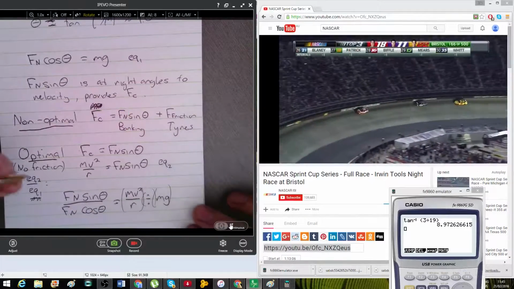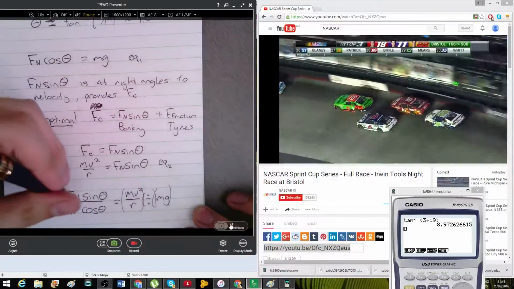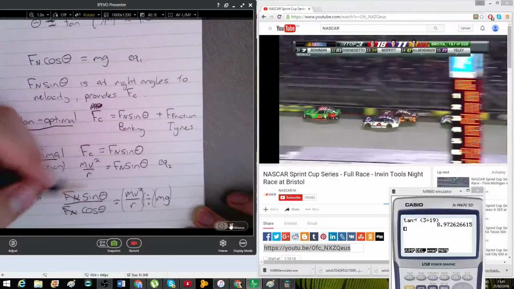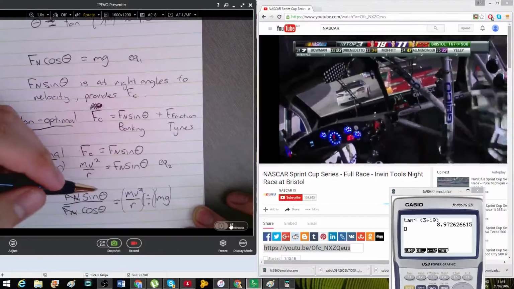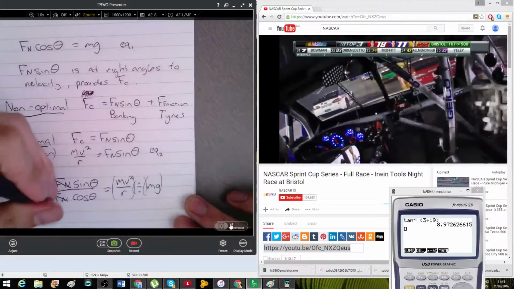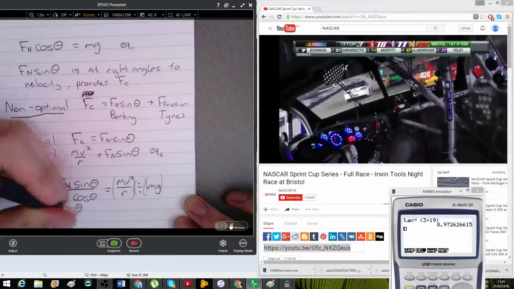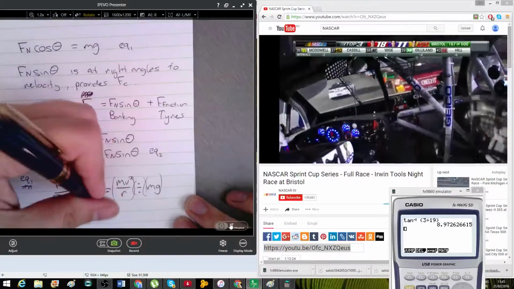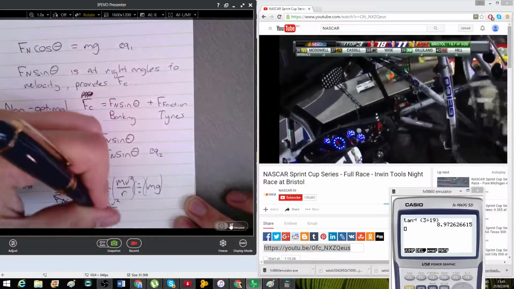Straight away we can cancel these two Fn terms. You should know basic trig: sine theta over cosine theta is equal to tan theta. Now let's bring the right hand side together. That will end up being mv squared on rmg.